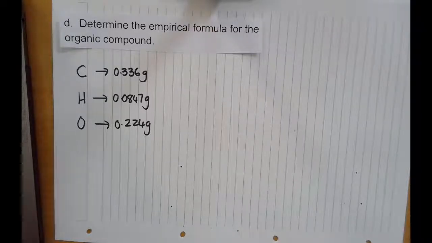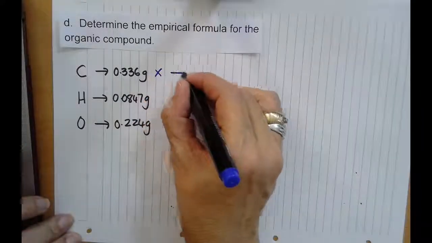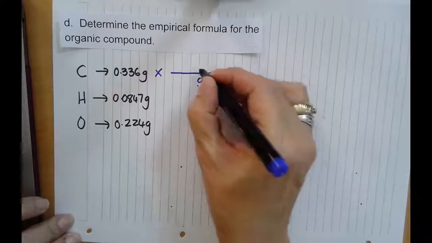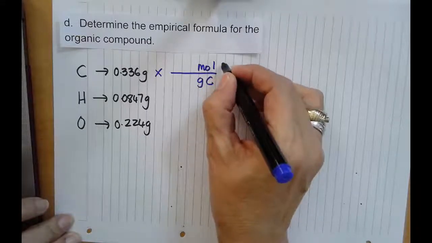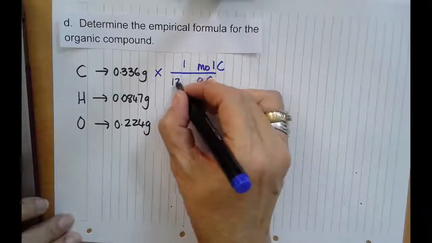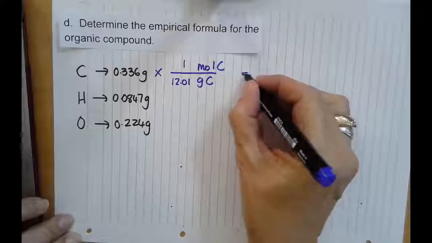you have to convert it to the number of moles that you have. So let's quickly convert this to number of moles. To convert to number of moles, I'm going to multiply this by grams of carbon at the bottom, mole of carbon at the top. So 1 mole of carbon is 12.01 grams.